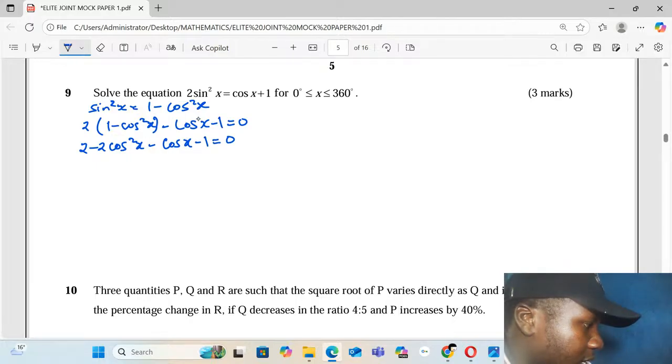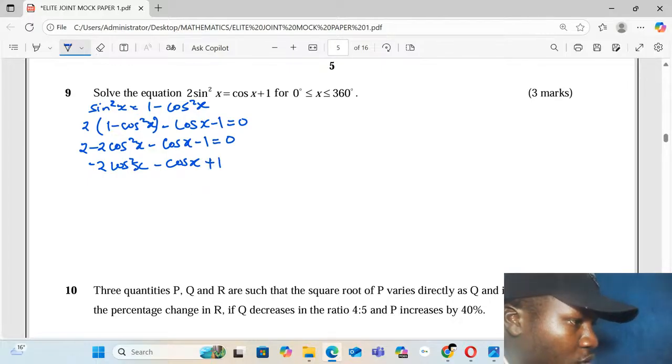We have 2 and 1, so that we are remaining this side with negative 2 cos squared x, then minus cos x, then plus 1. So remember 2 minus 1, we are going to remain with plus 1, then is equal to 0.